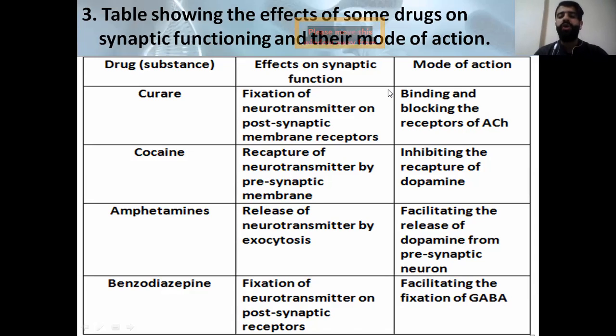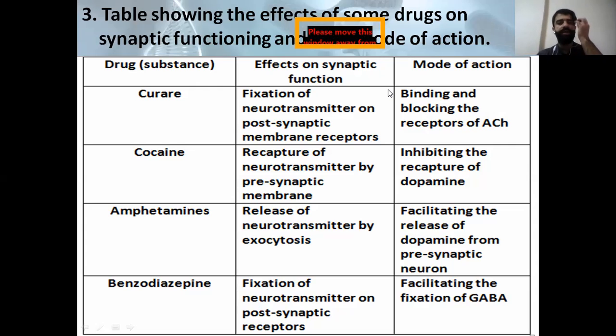They have a role in facilitating the release of dopamine from the presynaptic terminal. Moving now to the benzodiazepines, which work at the level of the fixation of the neurotransmitter on the postsynaptic side. They allow the fixation of GABA, gamma-aminobutyric acid, which has an inhibitory role.